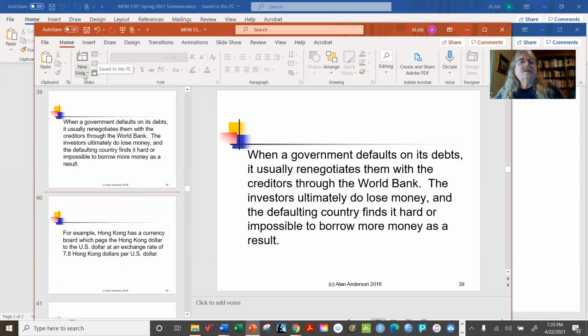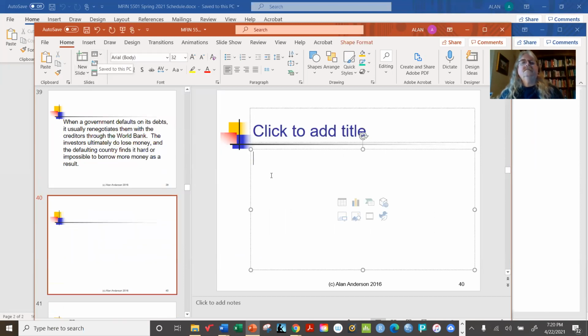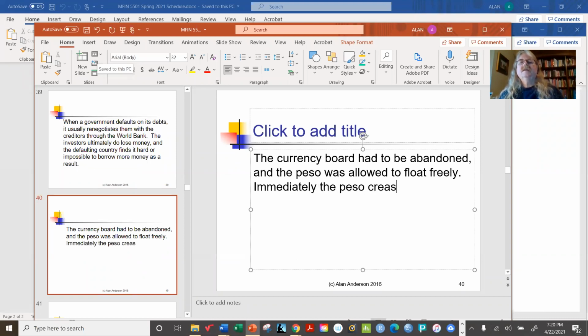And so the currency board had to be abandoned, and the peso was allowed to float freely. Immediately, the peso crashed from 1 peso per US dollar to 4 pesos per US dollar.